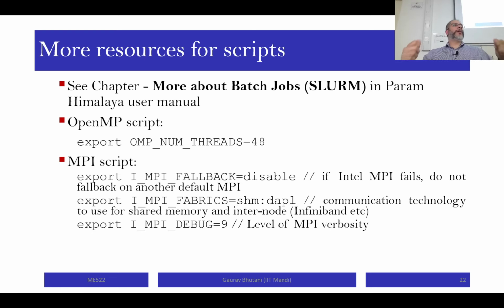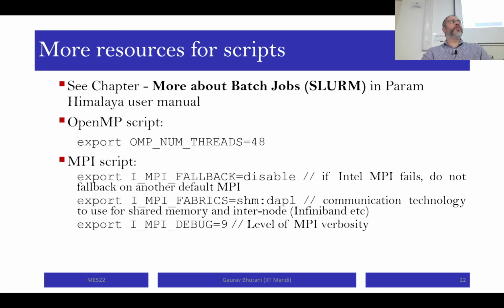If you are running MPI on a single shared node and you say SHM, that uses shared memory, which is basically faster communication, and DAPL is for telling it to use InfiniBand. If you have multiple different communications between nodes available, these options basically tell the cluster to use the fastest communication possible.